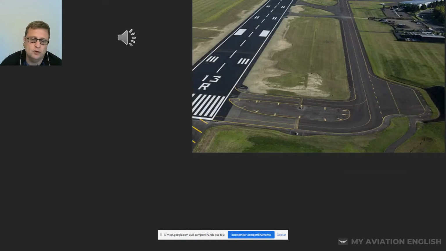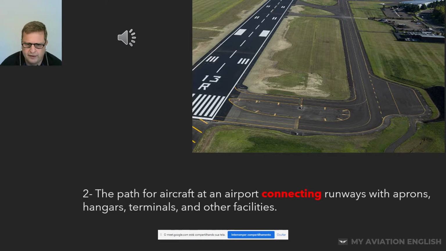All right. Let's go to the next airport part. The path for aircraft at an airport connecting runways with aprons, hangars, terminals, and other facilities. What part of the airport?